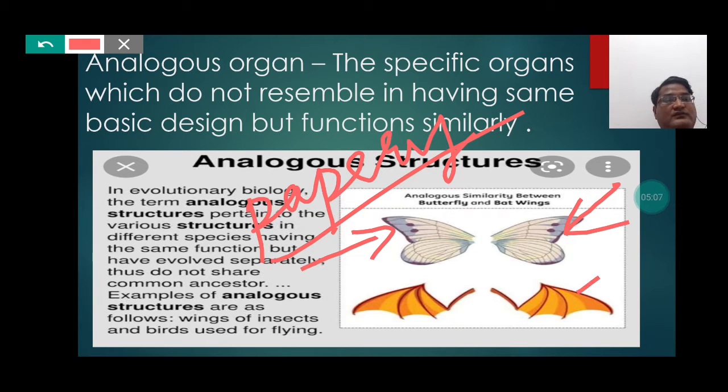Whereas if we concentrate on the wings of bat, then we can find that here the wing of the bat is thick and is further supplied with the arrangement of bones.